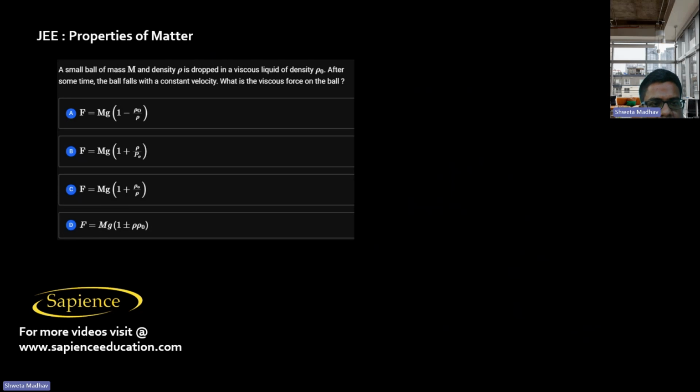Here it is told a small ball of mass m and density rho is dropped in a viscous liquid of density rho naught.